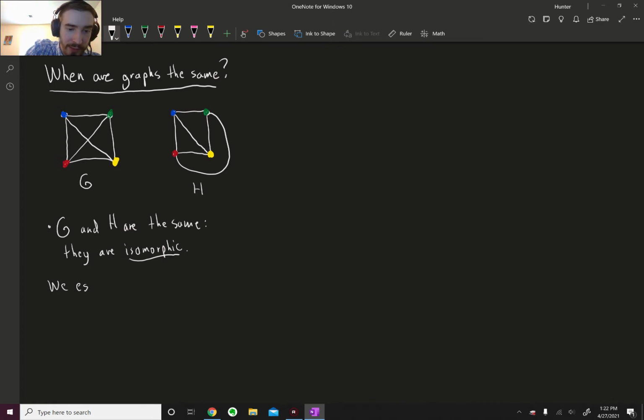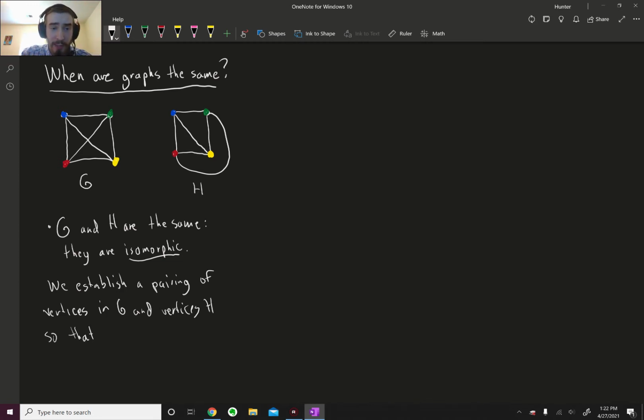We establish a pairing of the vertices. So we pair up vertices in G and vertices of H, so that paired vertices are connected in both graphs.